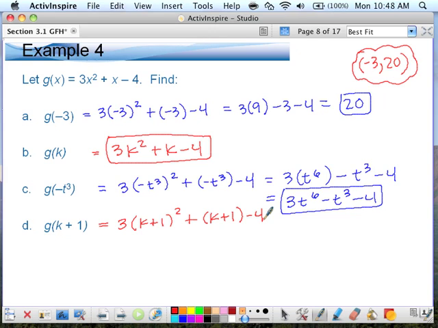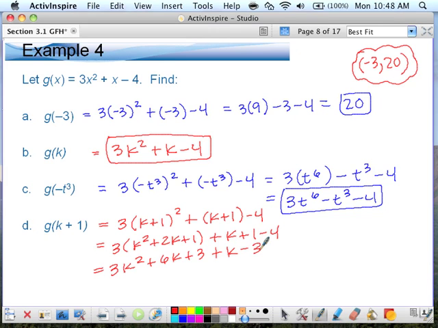First thing you need to do is distribute the parentheses. So we have 3, and k plus 1 squared is k squared plus 2k plus 1. Now this right here isn't to a power, and there's nothing to distribute, so I can go ahead and drop those parentheses. And once we square, we have to distribute the 3. So we have 3k squared plus 6k plus 3 plus 1k, and then these two I'm going to go ahead and combine to make minus 3.